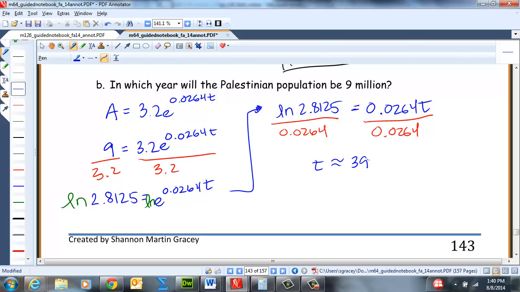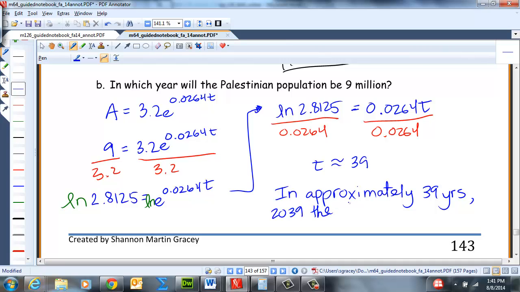So in approximately 39 years, which is year 2039, the population will be 9 million. Okay?